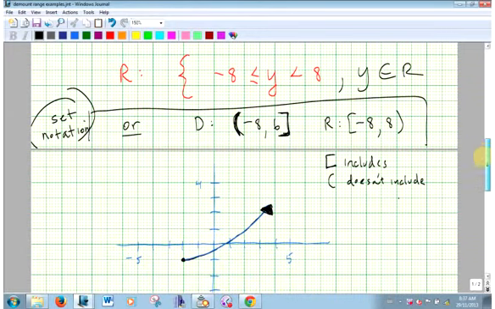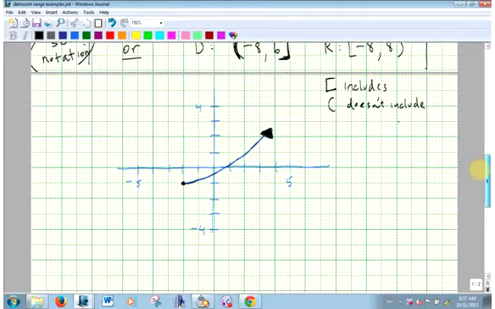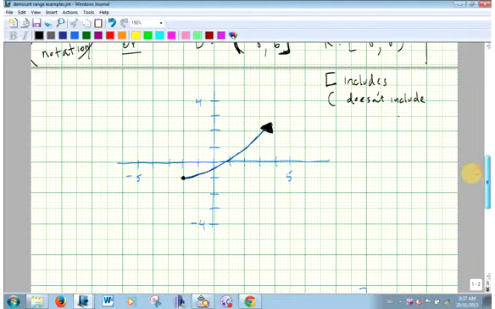All right? How about this guy? What's the domain? What's the range? This one has an arrowhead. Think some more. What's the domain? What are the x values of this graph? You visually just want to look here. How far does it go?